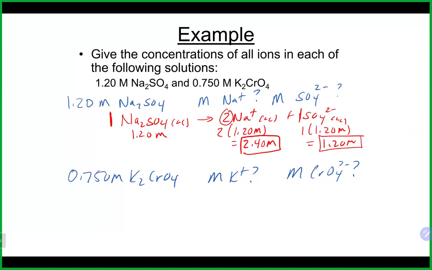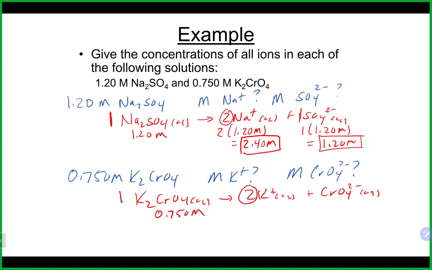We'll do the same sort of approach here. We want this guy and to see how it breaks apart. It is going to break apart into a couple of potassium ions and a chromate ion. Again, if we know the molarity of the whole thing, in this case it's a 1-to-2 relationship for our potassium.